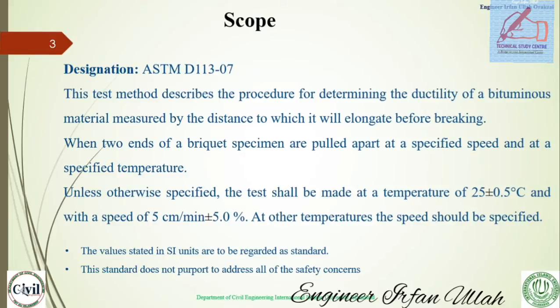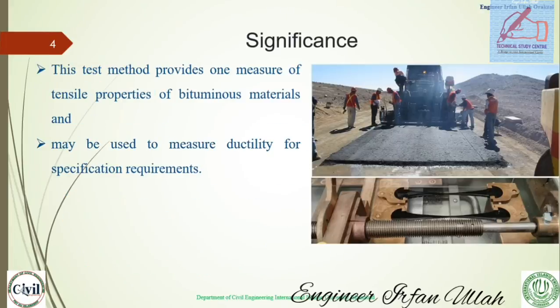At other temperatures, the speed should be specified. If you want to perform the test at any temperature other than 25 degrees centigrade, then you should specify it accordingly. Significance, shortly: it gives the tensile properties of the bituminous material, like how tensile our material is and whether it is favorable to the specified conditions or not.